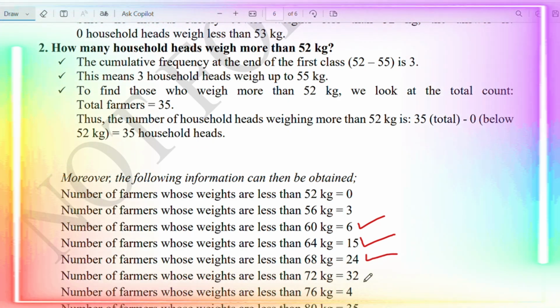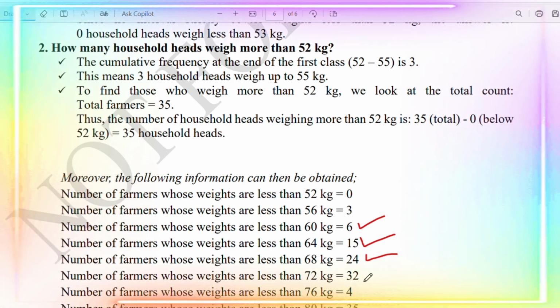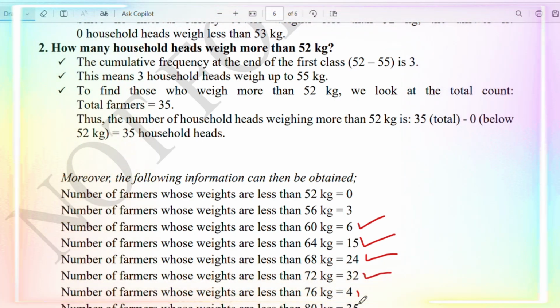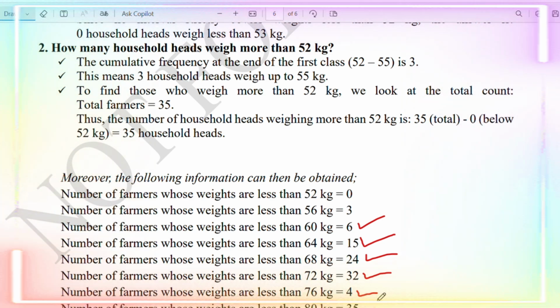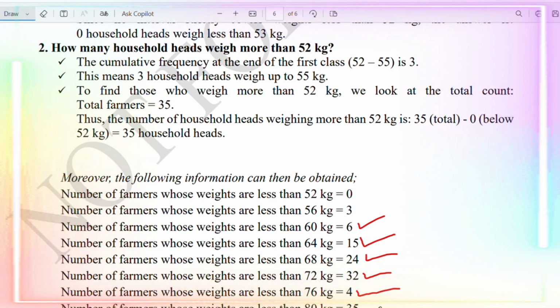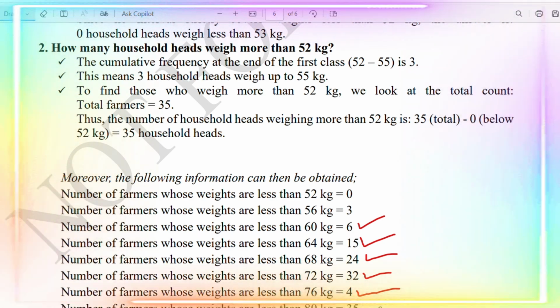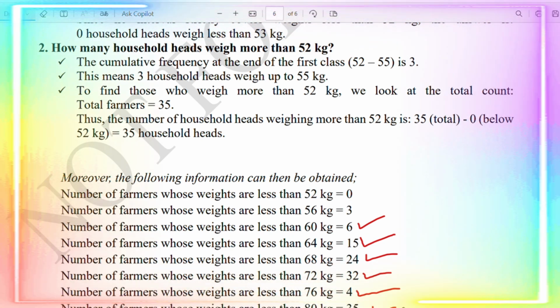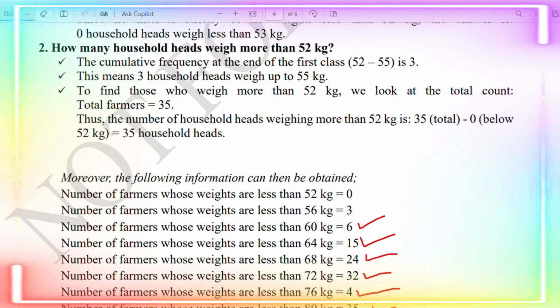Then less than 72 kg is 32. Then less than 76 kg is 34. Then less than 80 kg is 35. So that is all about that.